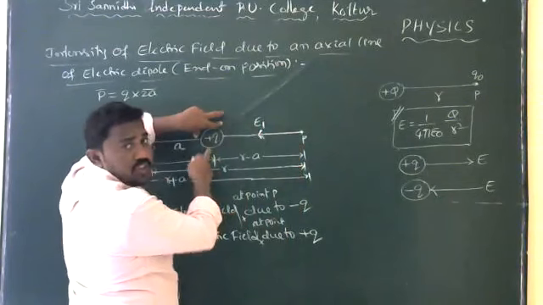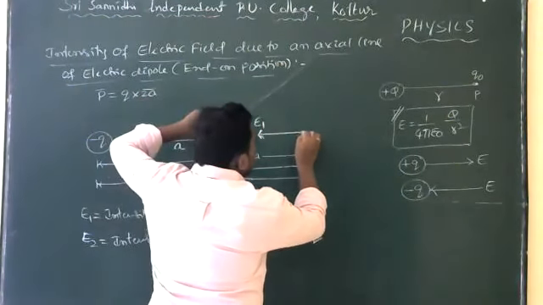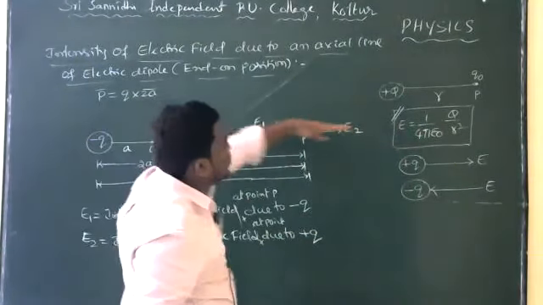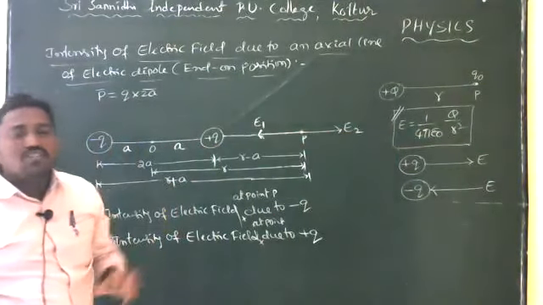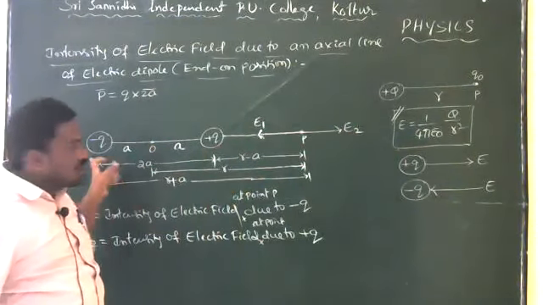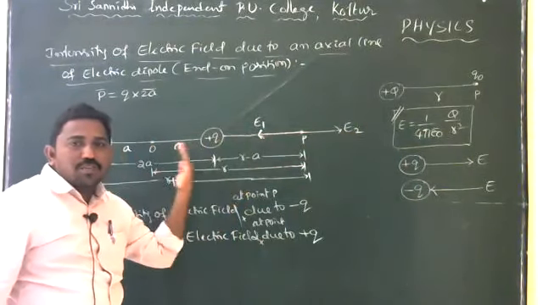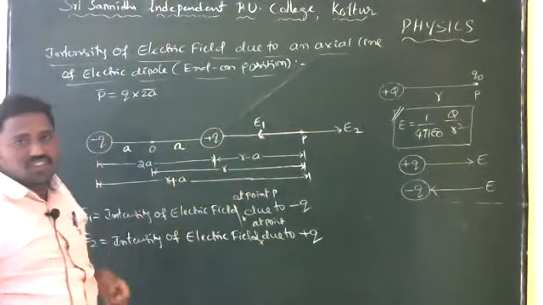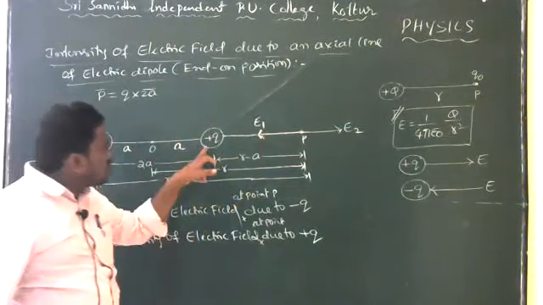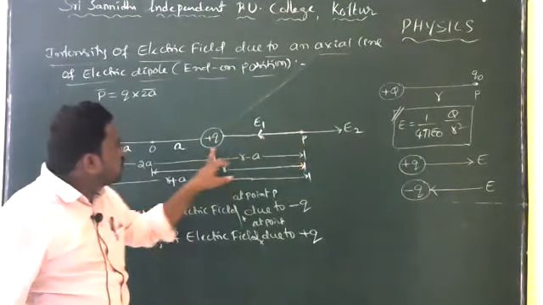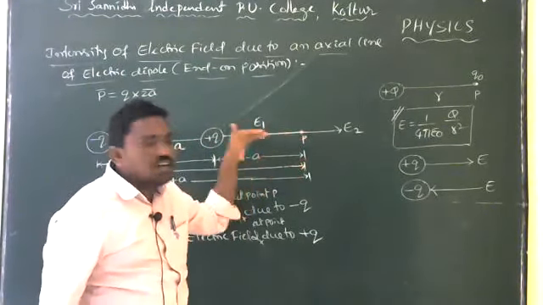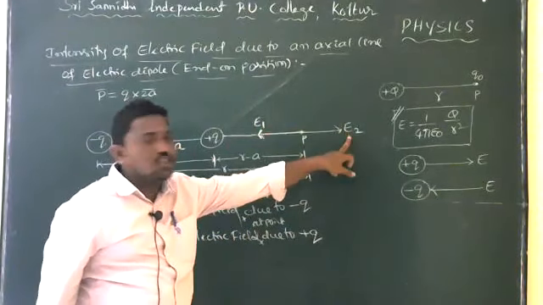Now we are using the plus q charge, so the intensity of the electric field is away from the positive charge, in this direction. These two points are very important. Due to the minus q charge, the field is towards the charge. Due to the positive charge, the field is away from the positive charge. So this is E2.